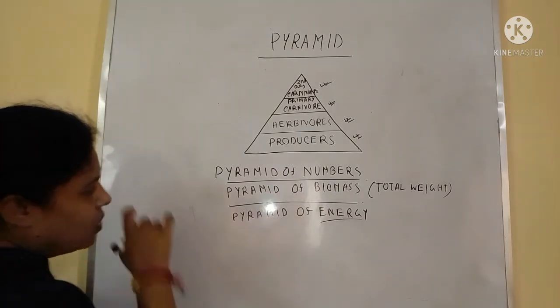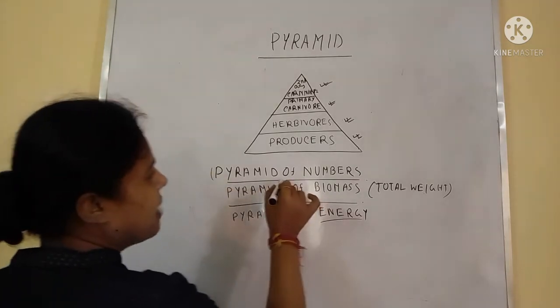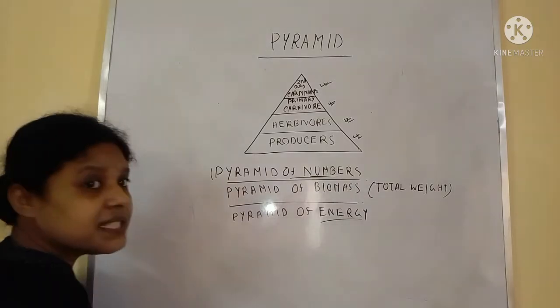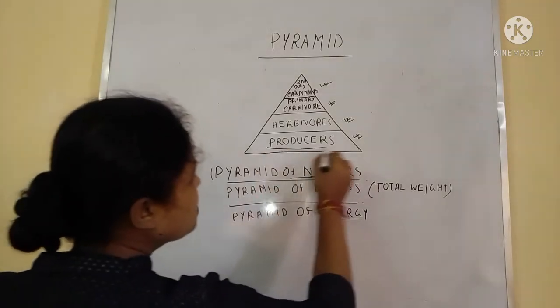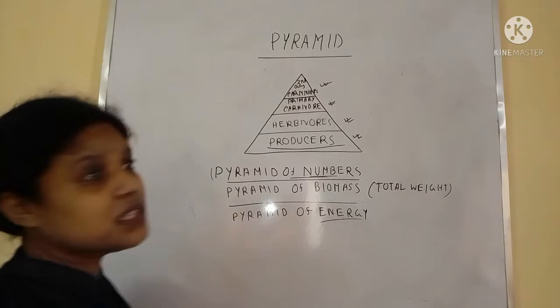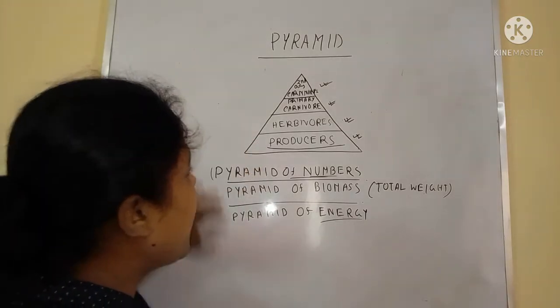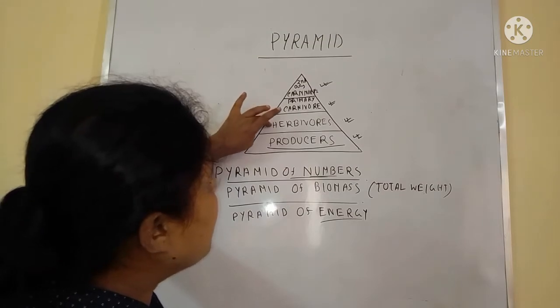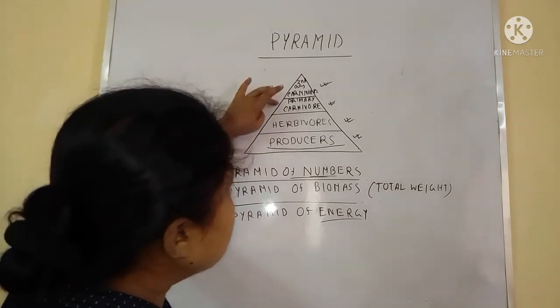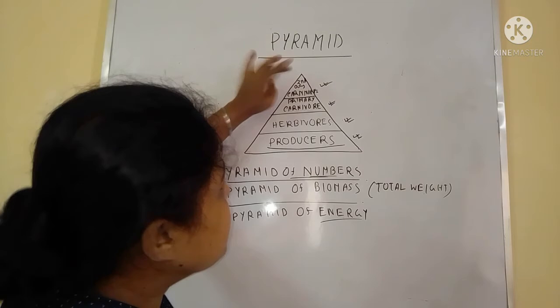Okay. So, if we consider the number, then we can see that the number of producers is very large. And then the number of herbivores, then primary carnivore, and then secondary carnivore.